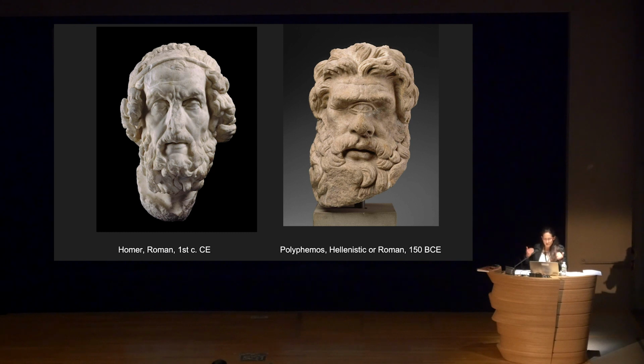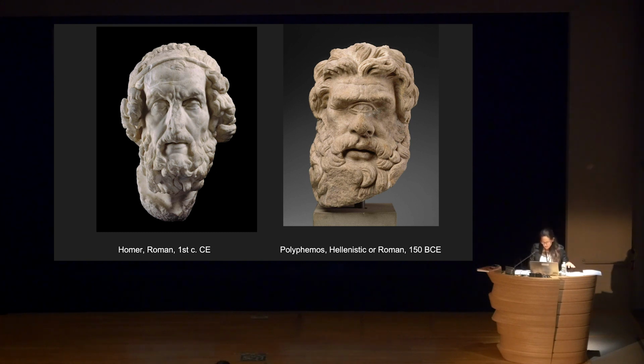In the Hellenistic period, the period of art after the reign of Alexander the Great, there was a visualization of the blind Homer, and this deep carving underneath his brow, the top of his eye bone, alludes to this inner vision that he has. And on the right is a Hellenistic humanizing portrayal of the Cyclops Polyphemus.